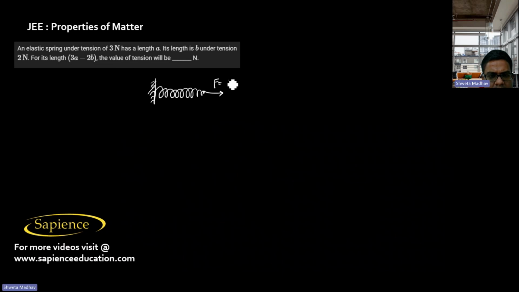So here the force is 3 Newton, then the length is A, which is the actual length plus the extension. Extension is suppose x1. So we know that force is equal to the spring constant K into x, where x is the extension.